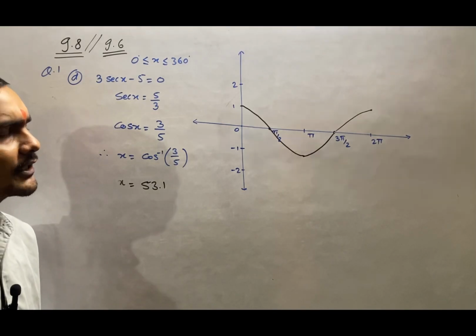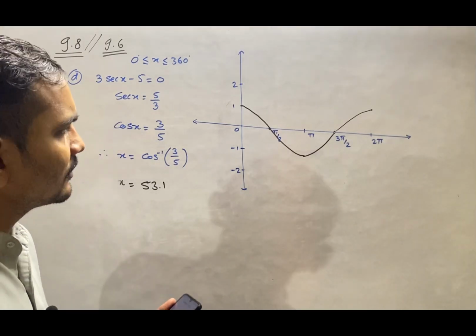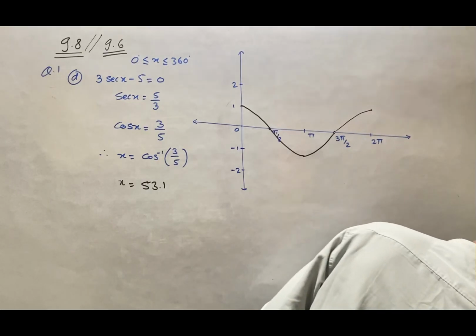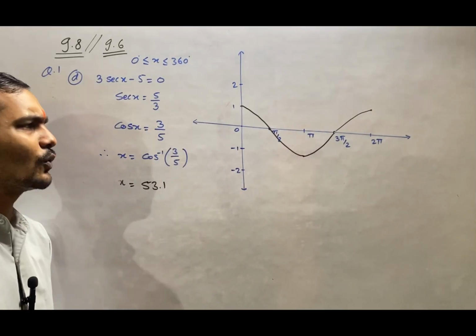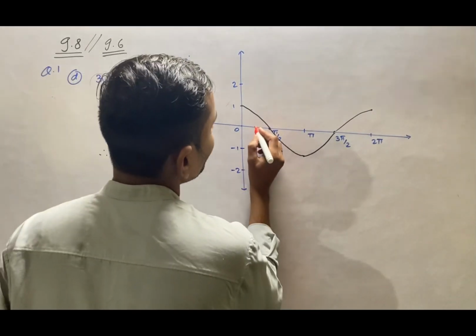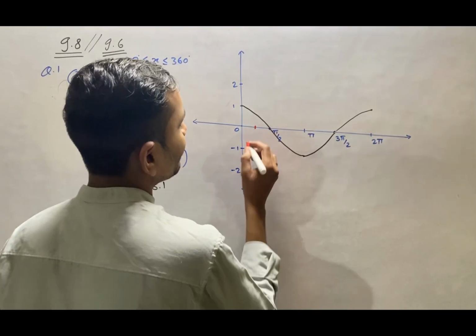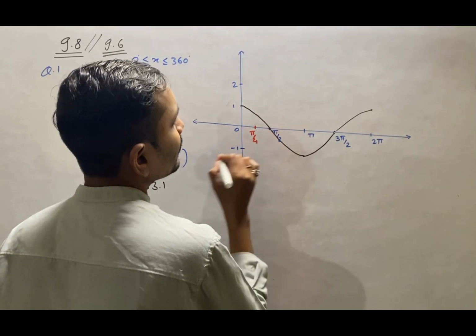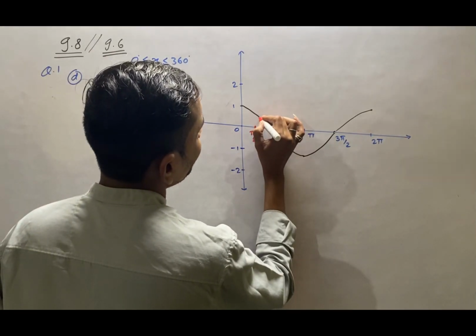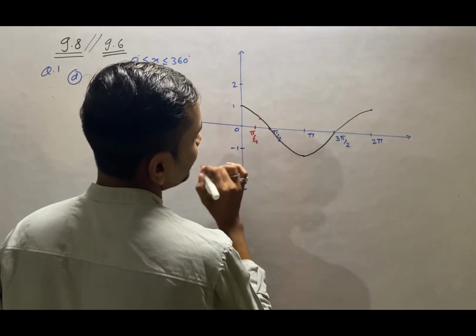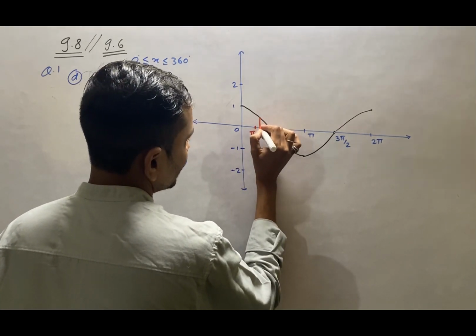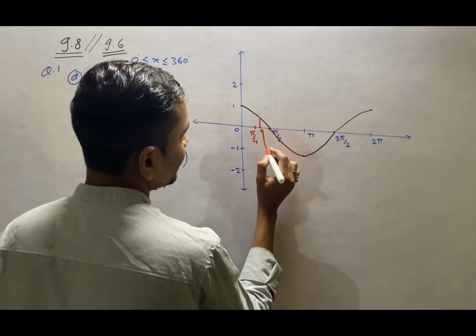In which quadrant will we get it? In the first quadrant. So we are assuming this is the midpoint, that is 45, this is pi over 4. So a little bit higher, so we are assuming this point is 53.1.